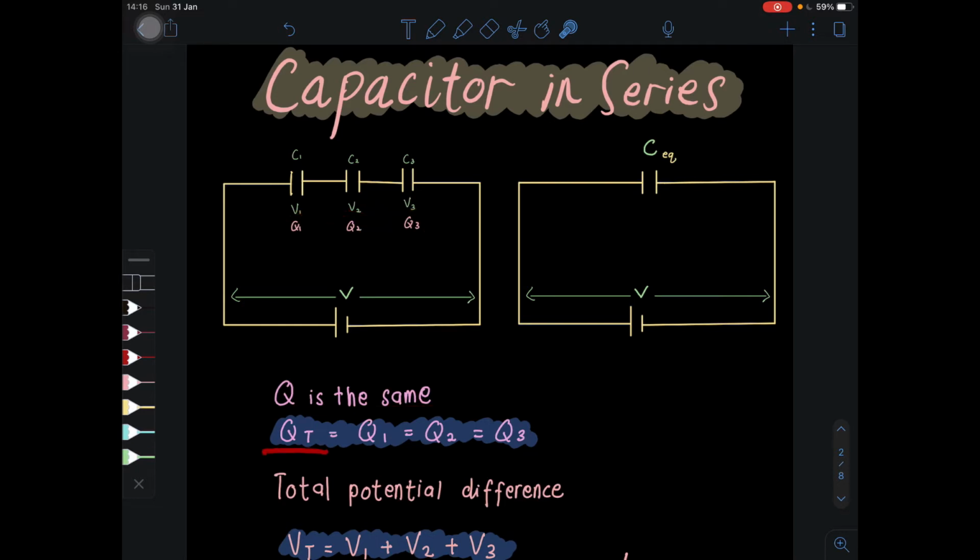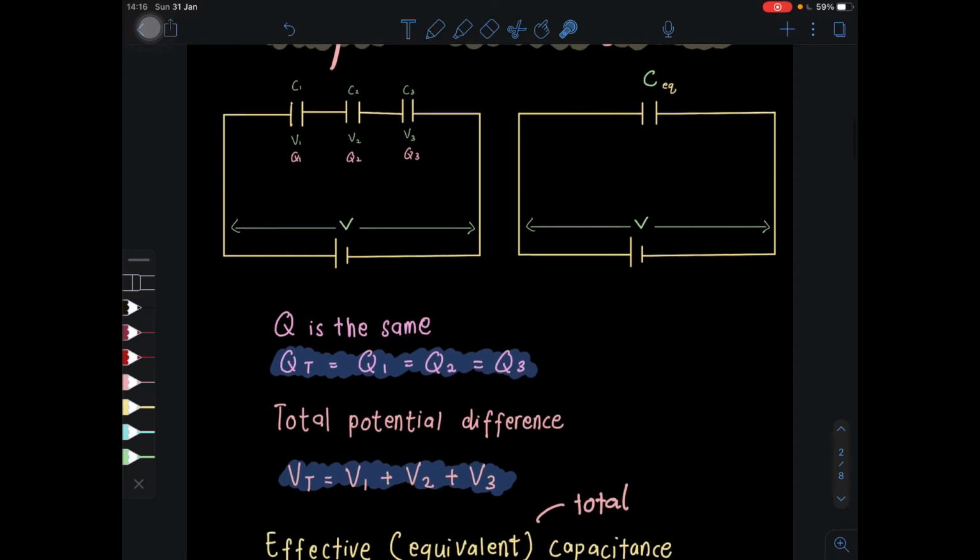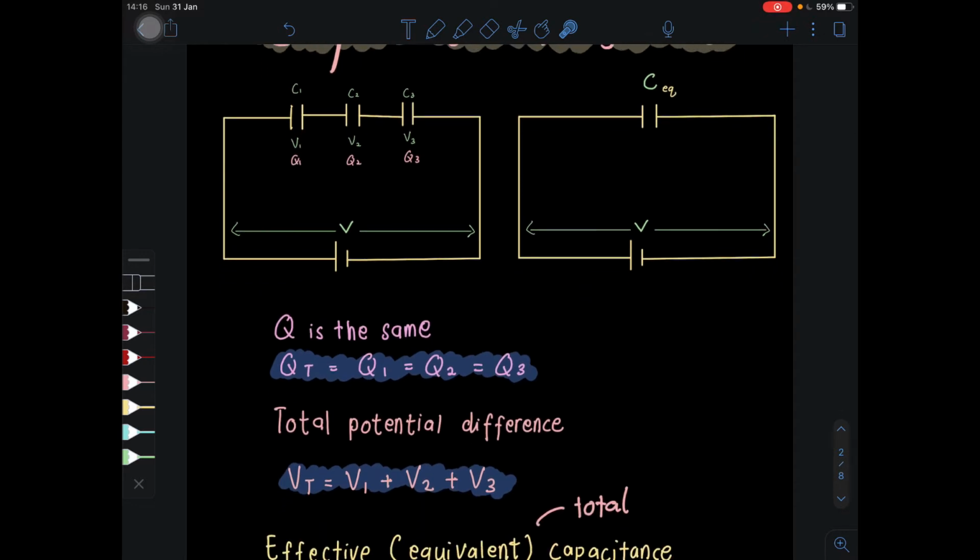So QT, which is Q total, will be equal to Q1, will be equal to Q2, will be equal to Q3. So let's say if we have another capacitor, Q4, sama juga. Q4 pun akan sama. Now the potential difference. Setiap capacitor ni dia ada voltage dia sendiri.